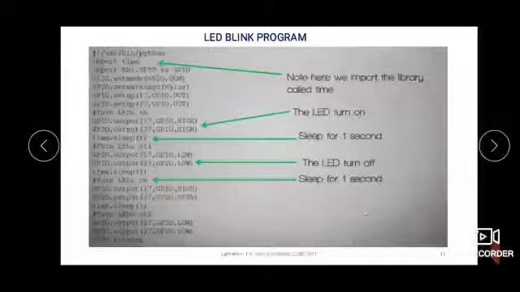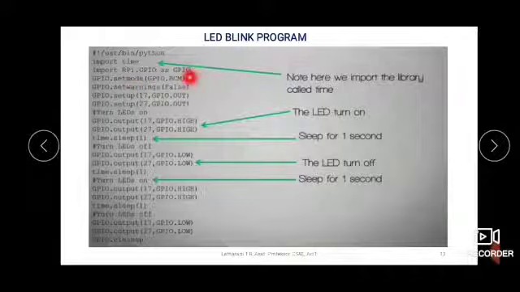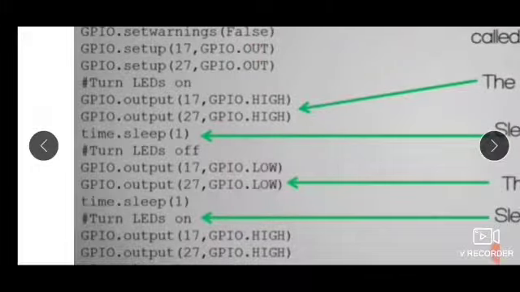And here, set mode GPIO BCM, which we have discussed. Then set warnings to false. Then set 17 and 27 as output pins. Then for turning on the LEDs, GPIO.output 17, GPIO.HIGH.